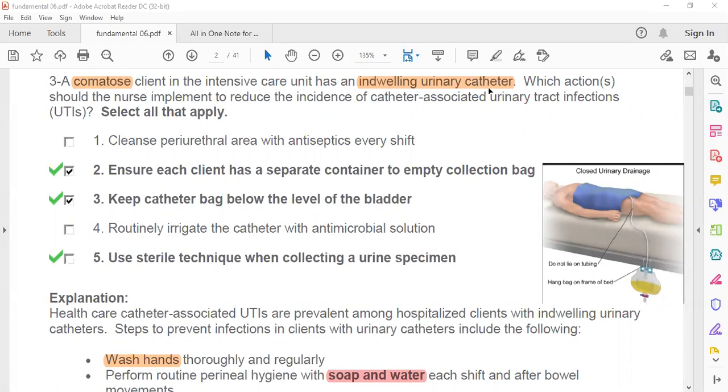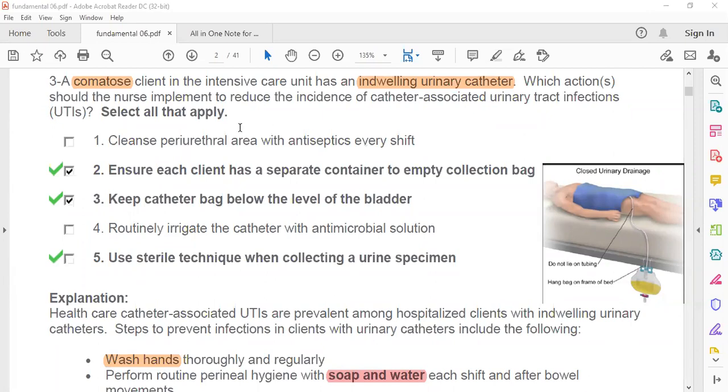So the question here, which action should the nurse implement to reduce the incidence of catheter-associated urinary tract infection? The indwelling catheter is one of the underlying risk factors for developing a UTI.